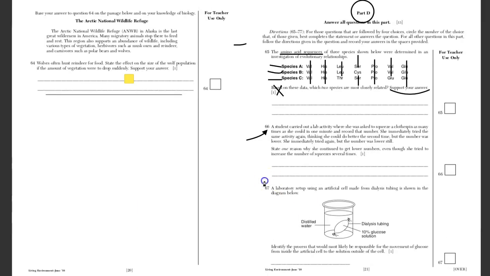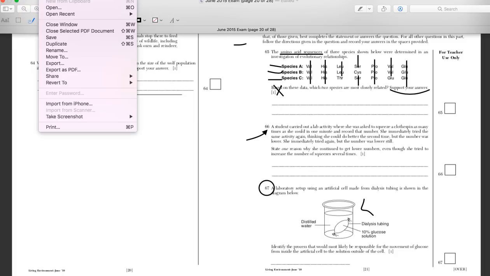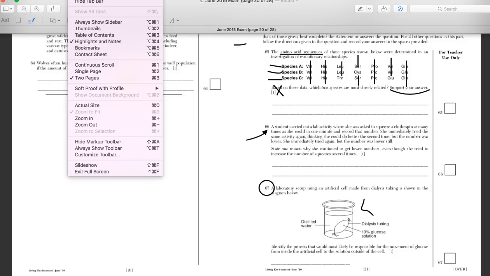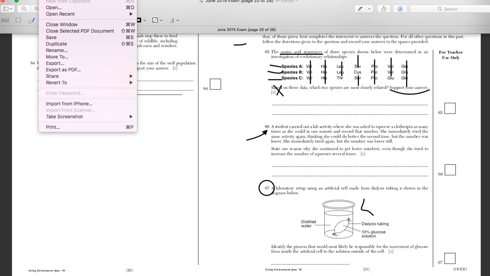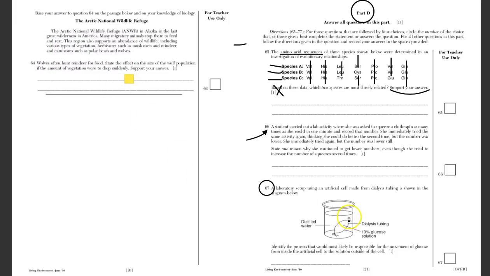The next question is 67. So remember, this one's diffusion through a membrane. This is when you made a cell, when you took a plastic tubing that probably felt and looked like a Ziploc bag, and you tied the ends and put 2 solutions in here.